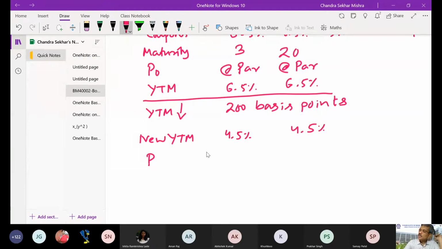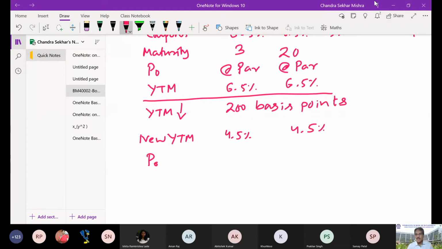So P, let's find out the value. The revised P now. Please do that on your own. So what will the formula be? What is your coupon? Every 6 months, how much coupon are you getting?